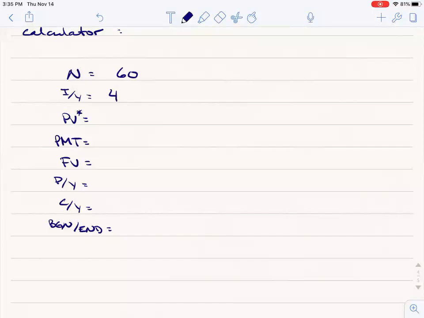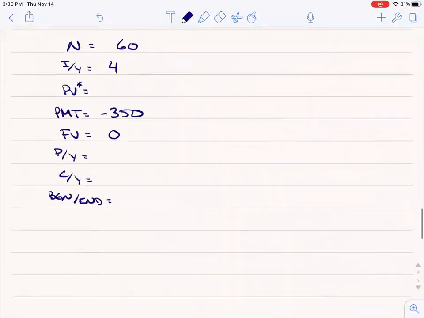The payment amount is 350, but remember, we have to make it negative because it's leaving our hands. So we're making these payments, and so these are going to be negative $350 payments. The future value, once we're done making payments, is going to be 0.